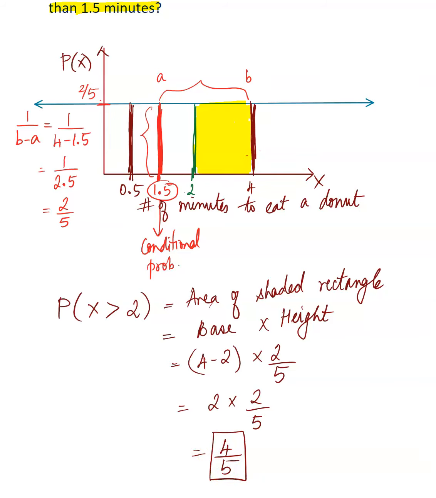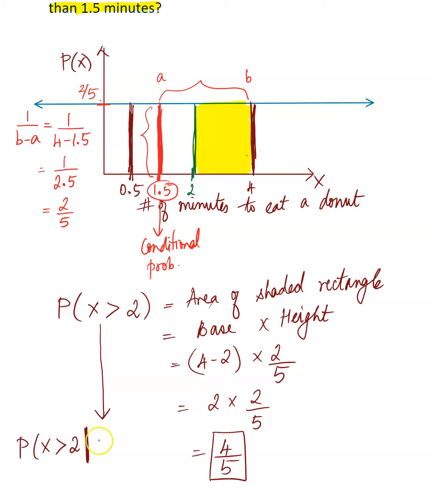What I missed doing here was I just said x greater than 2. That would not be complete because this was not ordinary x greater than 2. This was with a given condition, so the given condition has to be incorporated. It just seems like x greater than 2, but it was based on the given condition.